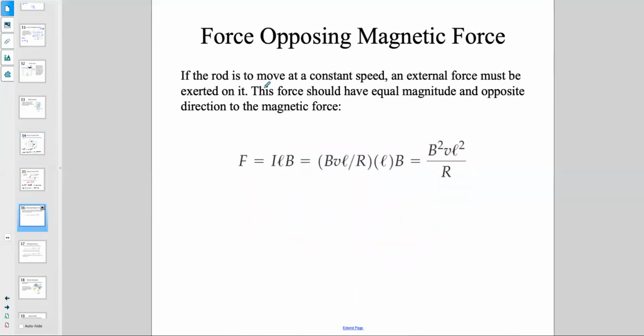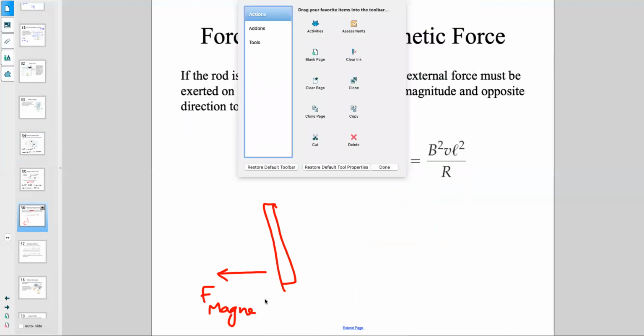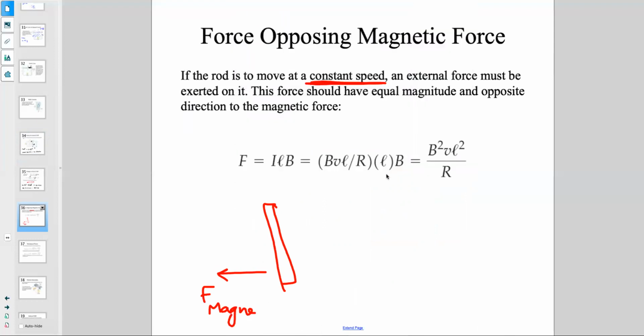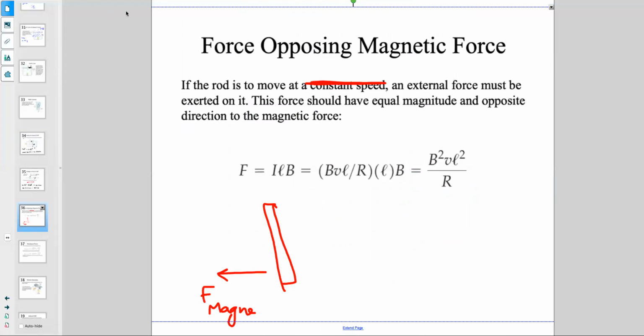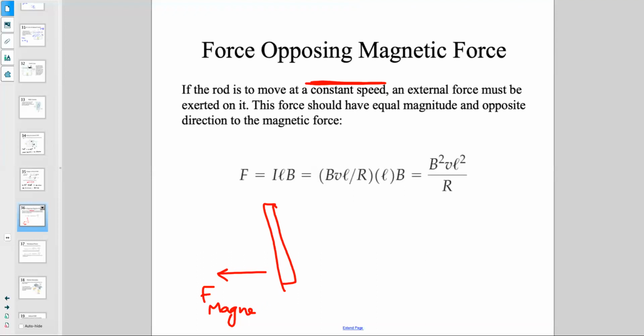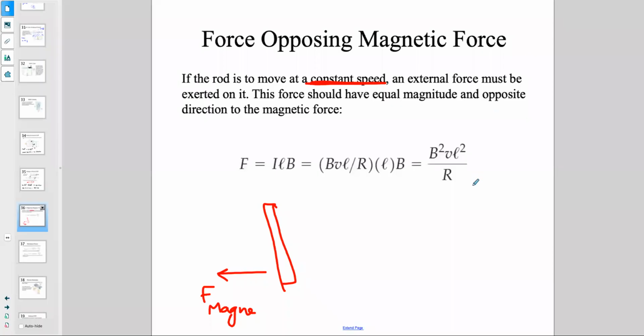Okay, so if the rod is to move at constant speed, an external force must be exerted on it in the opposite direction of the magnetic force. So if this was our rod, this was the direction of the magnetic force.